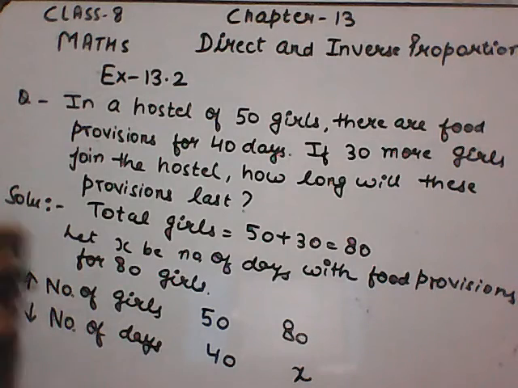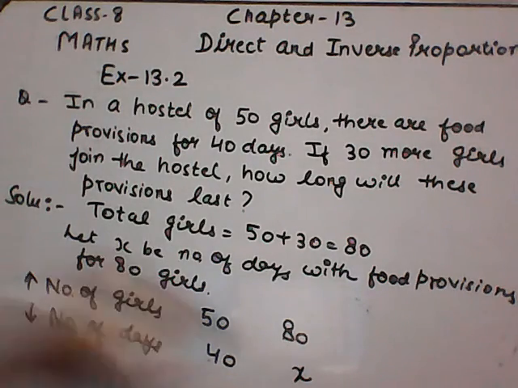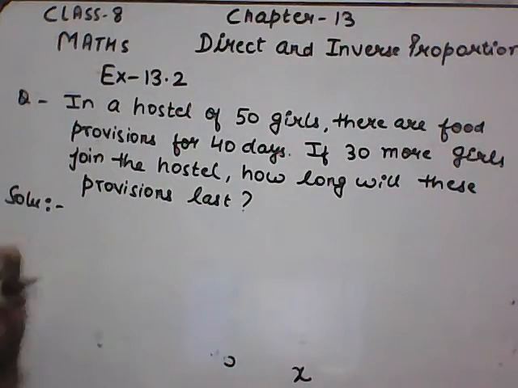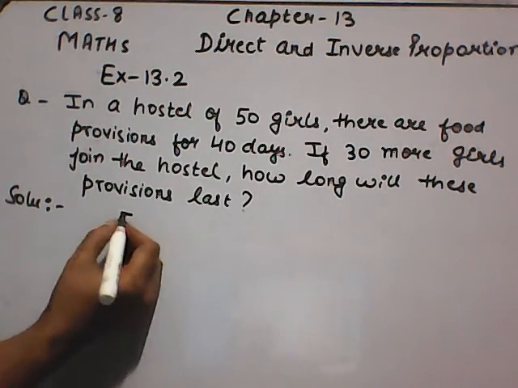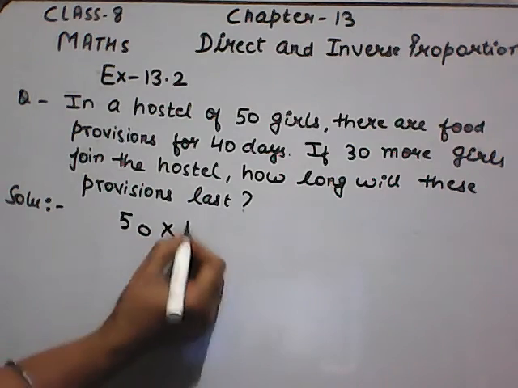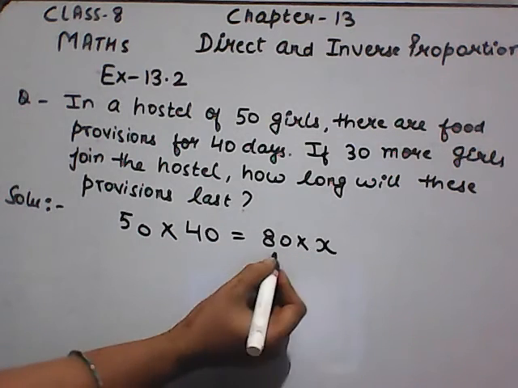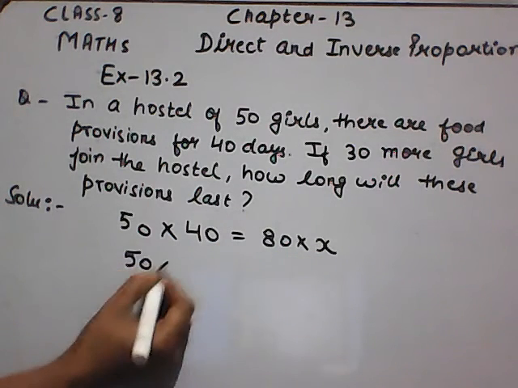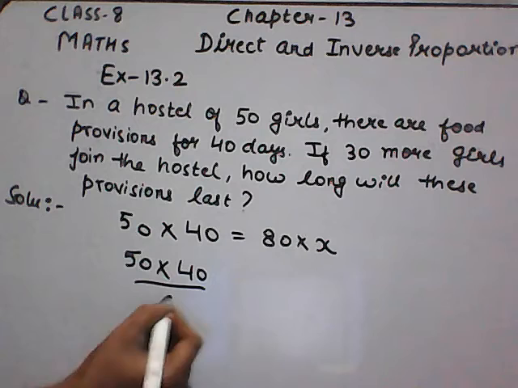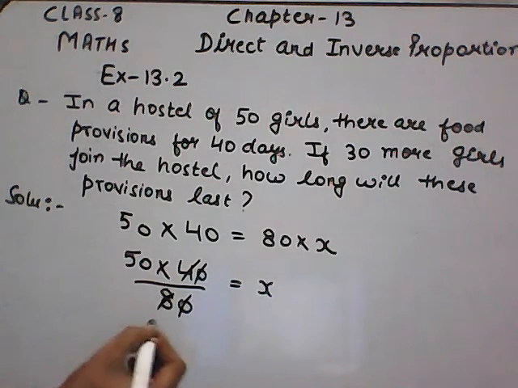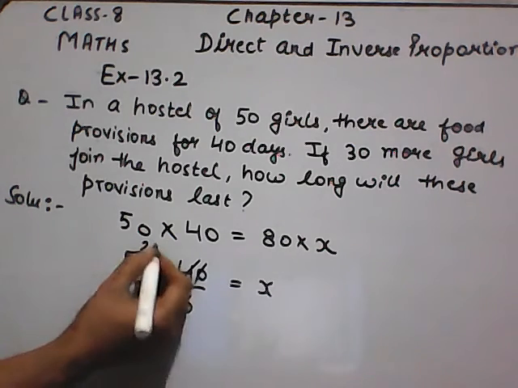Now, here 50 multiplied by 40 equals 80 multiplied by X. In inverse proportion, there is a product of values of X corresponding to the values of Y. Here 80 is the multiplier, so when it goes to the left hand side, it becomes the divisor. 0 is cancelled out with 0. 4 2s are 8. 2 1s are 2. 2 2s are 4. 2 5s are 10.